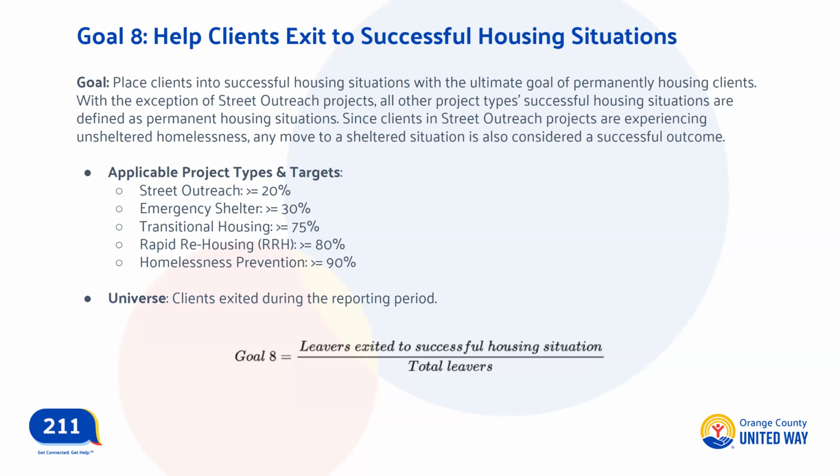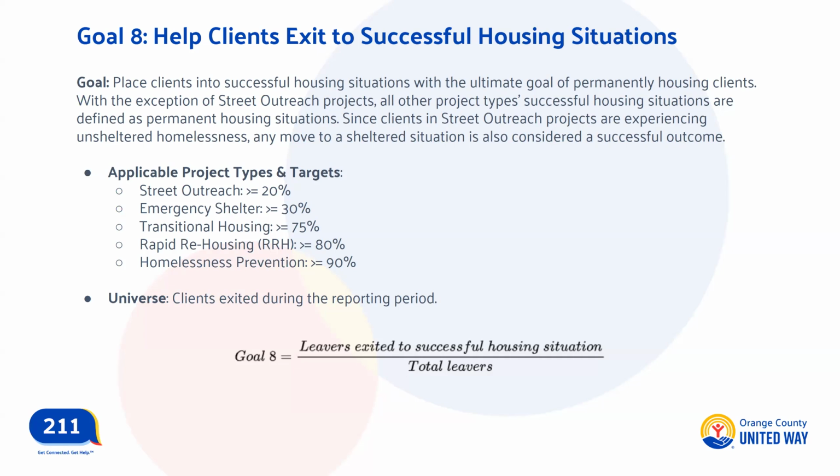So for street outreach, the threshold is greater than or equal to 20%. Emergency shelter is greater than or equal to 30%. Transitional housing is greater than or equal to 75%. Rapid rehousing is greater than or equal to 80%. And homelessness prevention is greater than or equal to 90%.